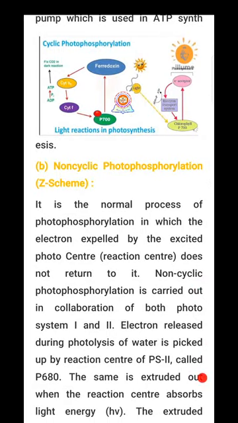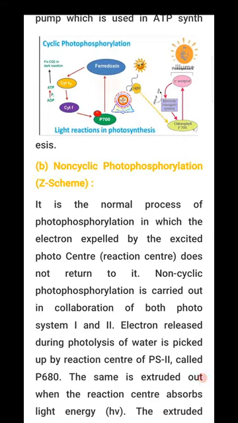Non-cyclic photophosphorylation is the normal process of photophosphorylation. In this, the expelled electron does not come back to the reaction center. That's why it is known as non-cyclic photophosphorylation.